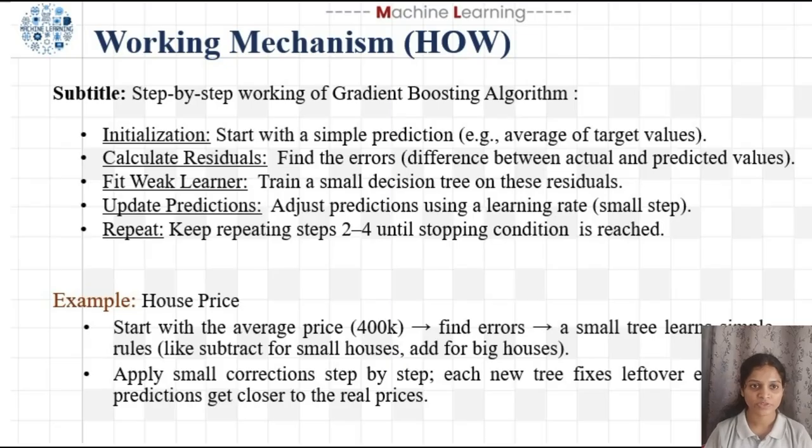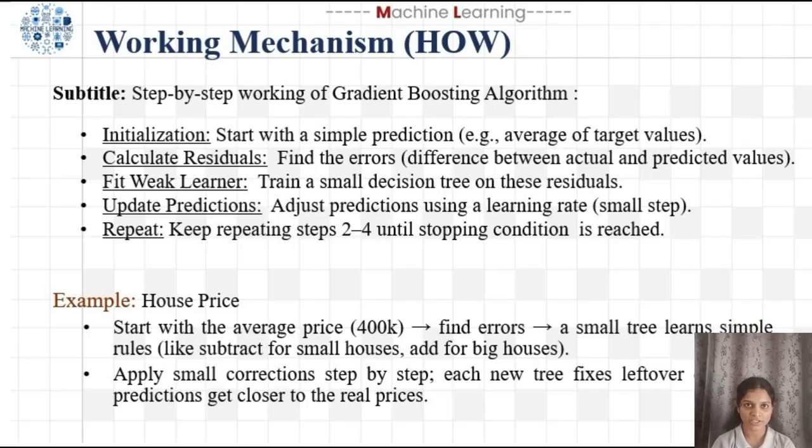In the third step, we train a small decision tree on these errors. Then we update predictions using small steps called the learning rate. And in the last step, the process is repeated many times, and at each step the model improves and gets closer to the value of that house.